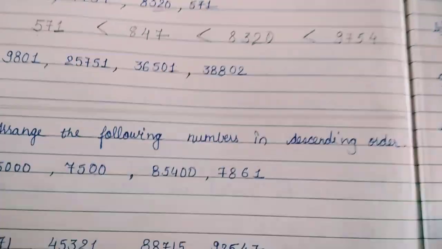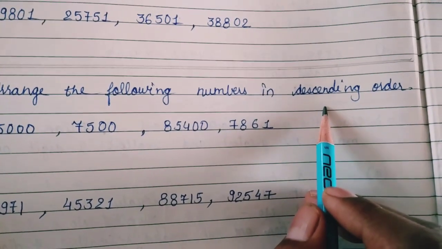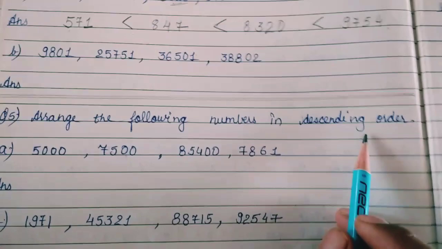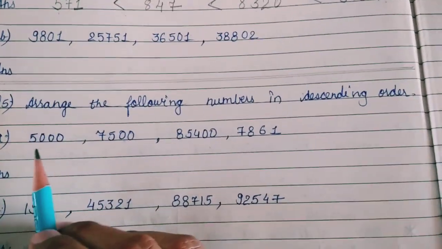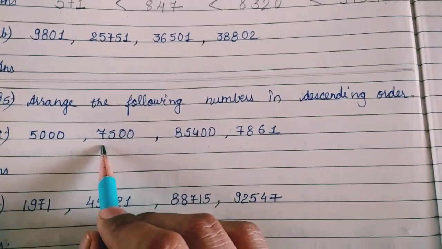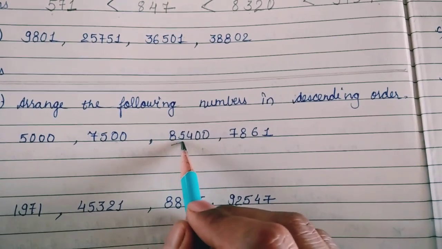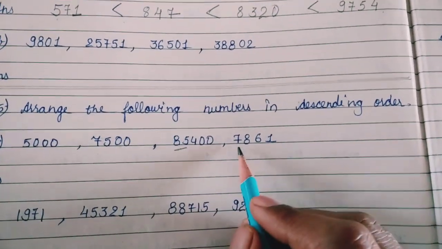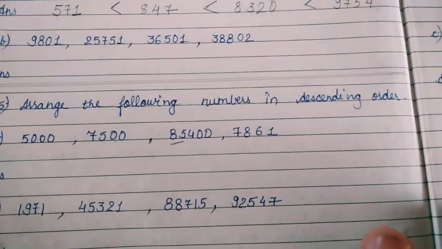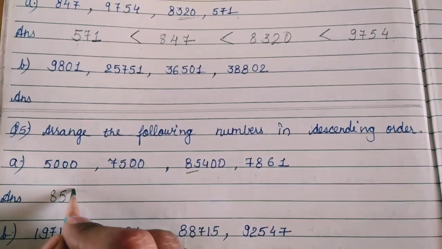Now the next topic is arrange the following numbers in descending order. Descending means bigger to smaller. Here we have again 4 numbers: 5,000, 7,500, 85,400, 85,000, 7,861. So the biggest one is, yes, 85,400.